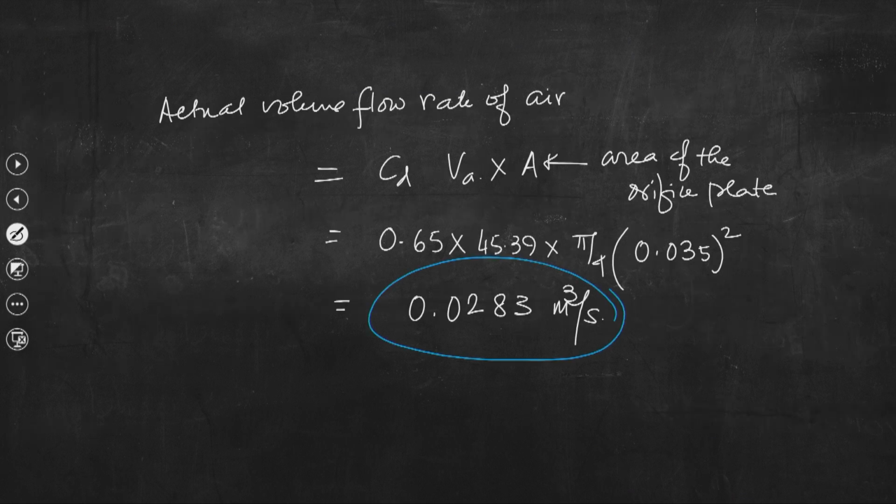So, now we can have the volumetric efficiency eta V, that is equal to 0.0283 divided by 0.0328.